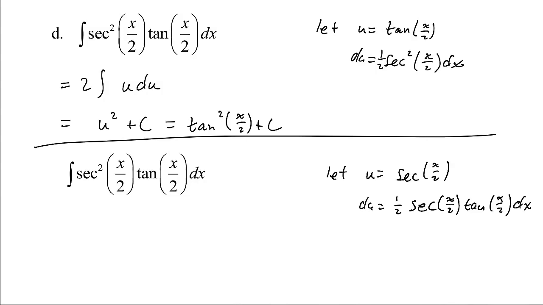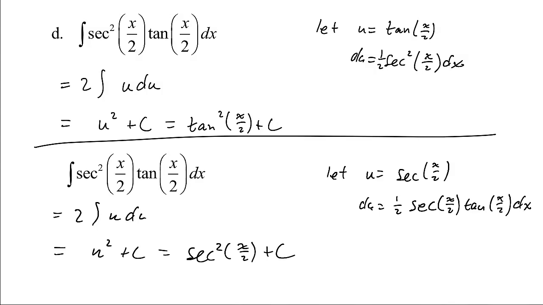Since I have two secants, one of them is taken up with u, the other one is taken up with my du. So this still becomes 2 times the integral of u du. U squared over 2 multiplied by the 2 makes that 1. So this becomes u squared plus c, which is secant squared of x over 2 plus c.